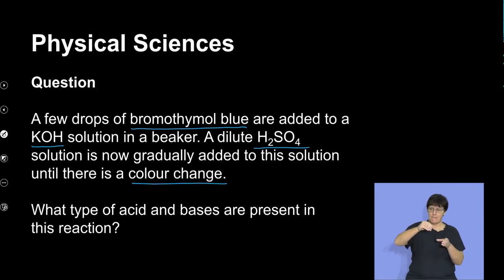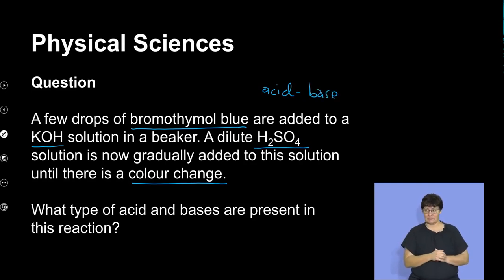So in trying to unpack this problem, we understand that the reaction is between potassium hydroxide, which is a base, and a dilute sulfuric acid solution, which is an acid. So typically, in terms of the type of reaction, this is an acid-base reaction, right?